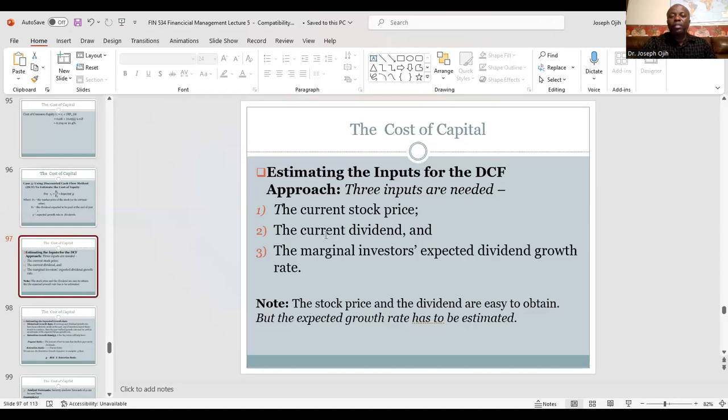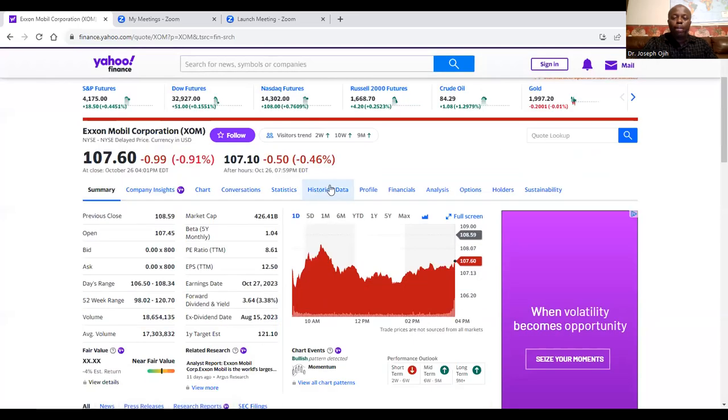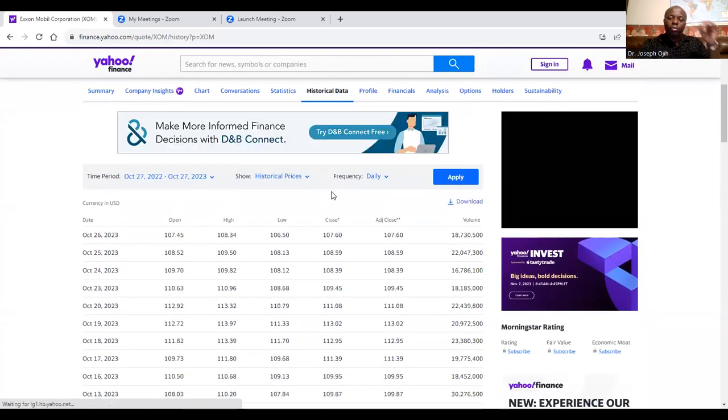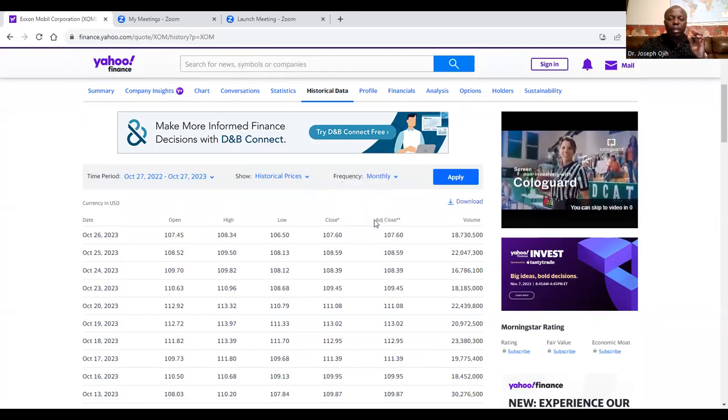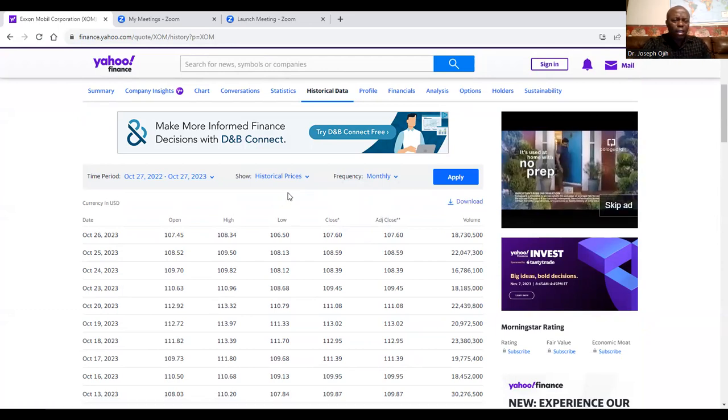Now, for the current dividends, if the company pays dividends, we can get them from Yahoo Finance as well. For ExxonMobil Corporation, we can look at the historical data for that company, that is the historical stock price. This is the daily price, and daily is more noisy, so I'm going to make it monthly and apply it.